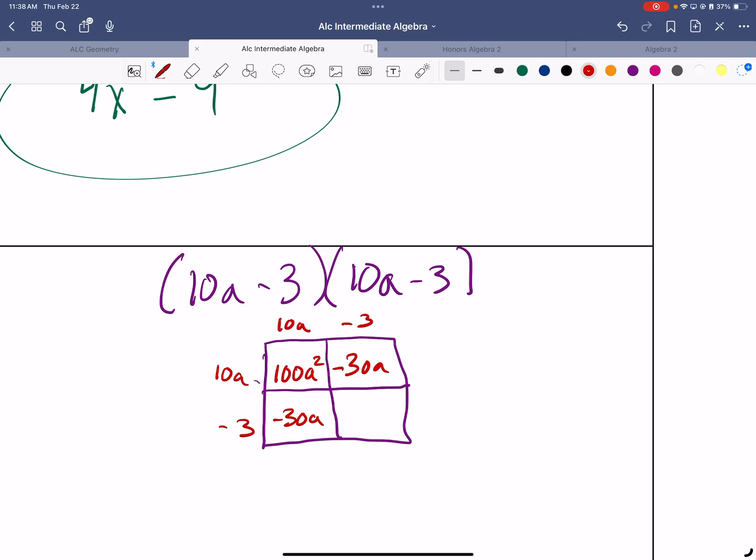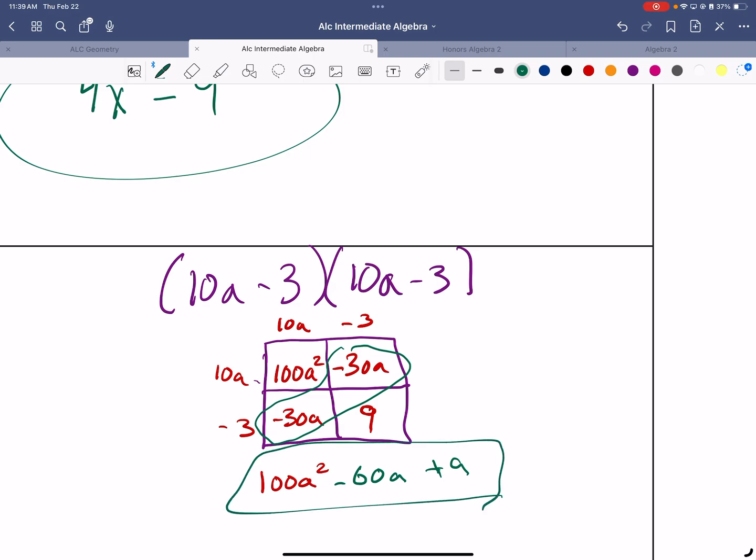And in the bottom? What goes down here? Positive 9. Just 9, right? It's negative 3 times negative 3. So in this one, we've got 100a squared. Our middle terms, they're the same. So negative 30 minus 30 is negative 60a plus 9. So there's the solution to that one.